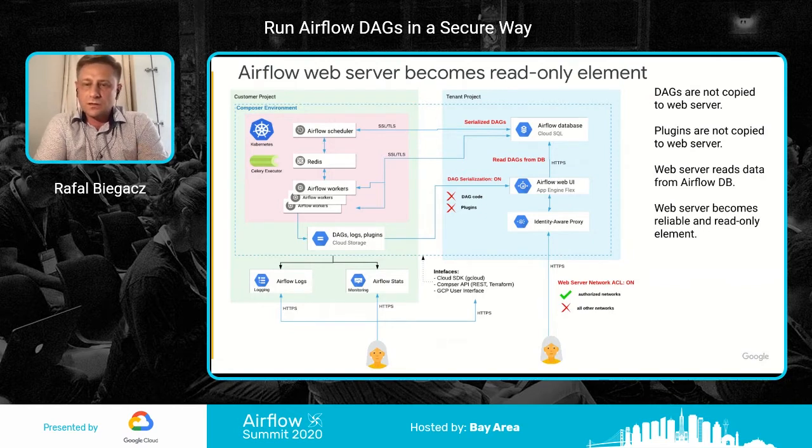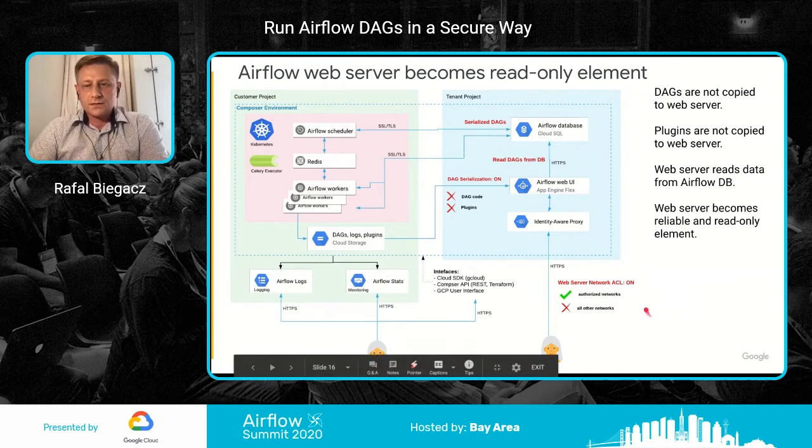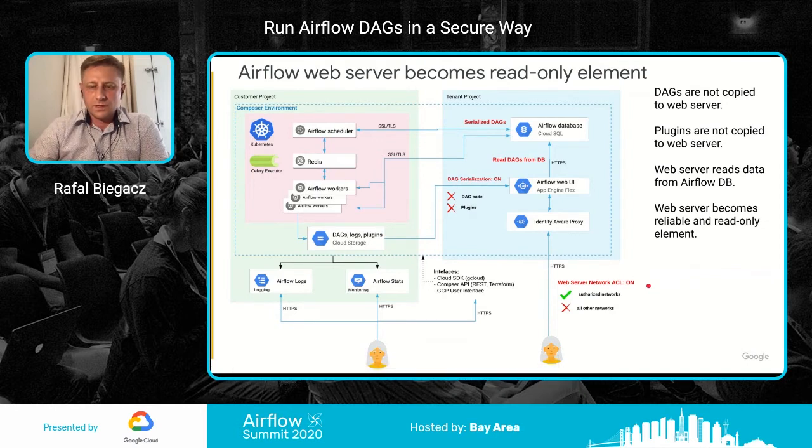From time to time, you can turn on access to the web server if something needs to be debugged or something like this. So this configuration is specific to Composer. We purposefully wanted to make the Airflow web server really a read-only element.